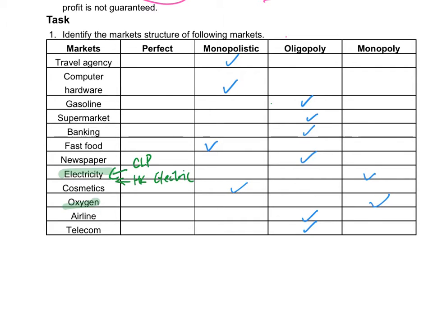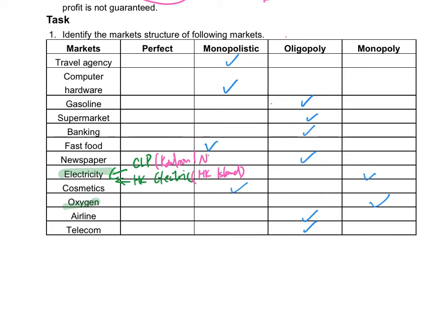But why is it a monopoly? Because they only provide in a specific area. For CLP, or for Hong Kong Electric, they only provide to Hong Kong Island and the other locations, including Kowloon.